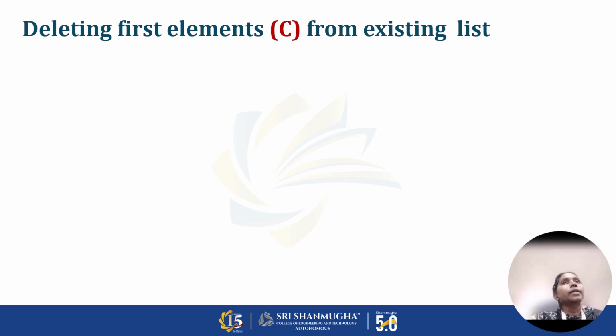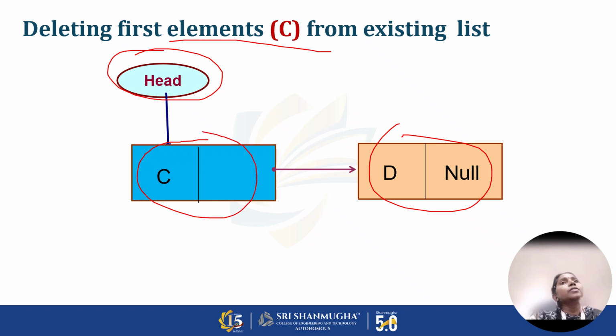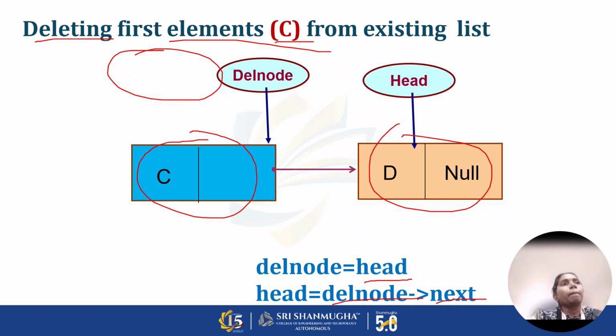Deleting the first element C from the existing list. So we have one list: head is here, the D node is here, and C is here. We have to delete the first element C. So del node is equal to head, that means C is the head node, and we have to delete it. Head is equal to del node's next, so automatically D becomes the head node.